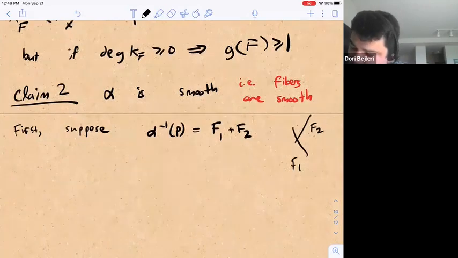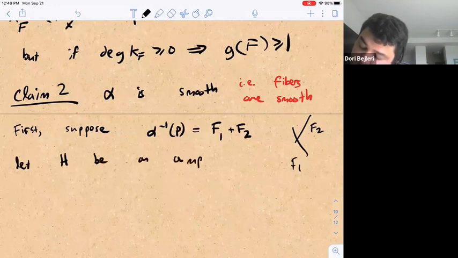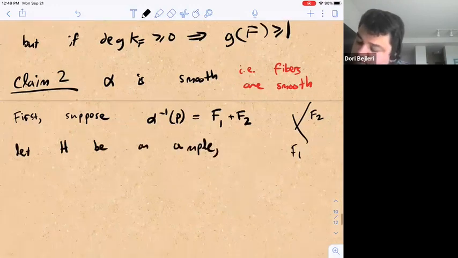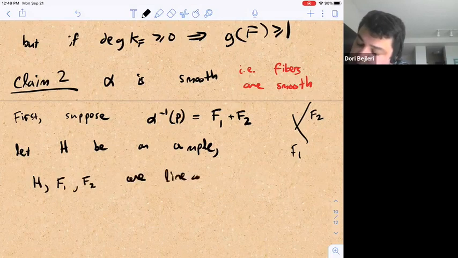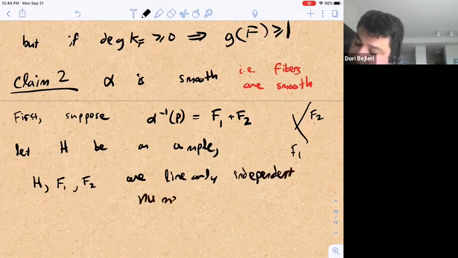Then if H is an ample, you can check that the numerical classes of H, F1 and F2 are linearly independent, as numerical classes of divisors.